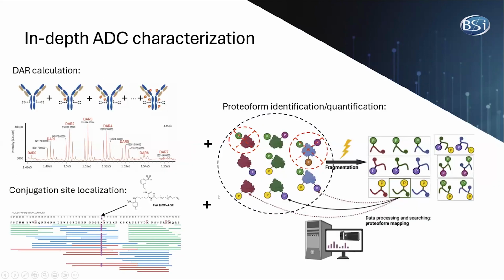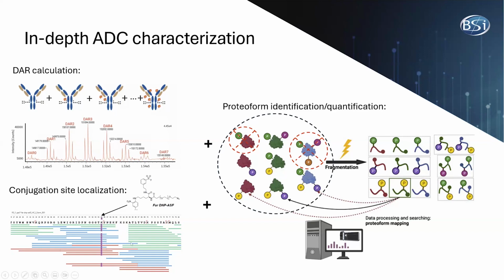And so here's a bit more detail on our strategy. Intact mass measurements will be used for the DAR calculation. But again, this doesn't tell you the site localization or where that linker is being attached. And we'll combine that with bottom-up. Bottom-up is very accurate and sensitive at localizing that conjugation site to specific amino acids.